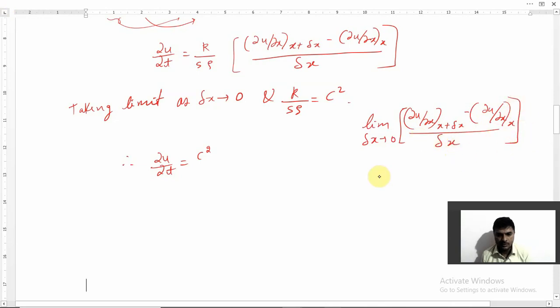Students, please remember this equation. This is nothing but dou square u upon dou x square. This is a formula.